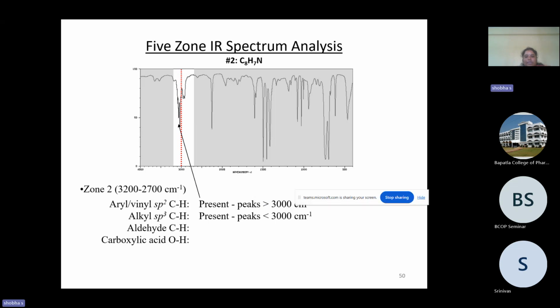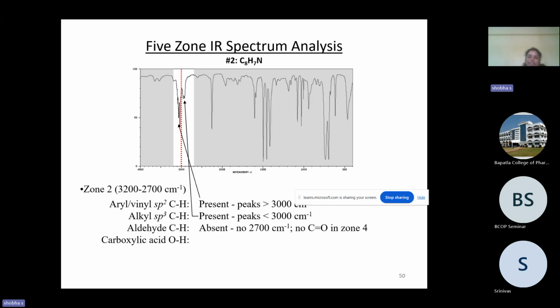Maybe this sp3 hybridized carbon CH stretch is there. Aldehyde may be present, but not a very sharp peak in the region of 2900 to 2700.